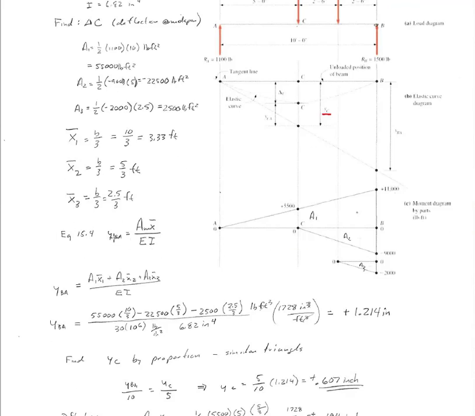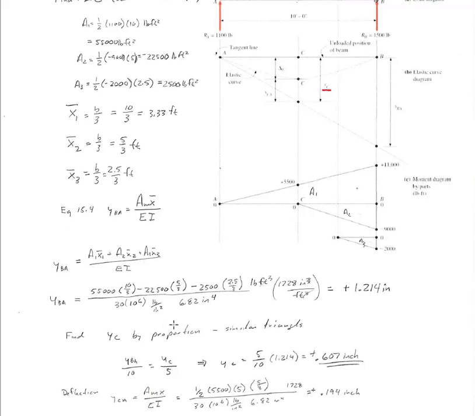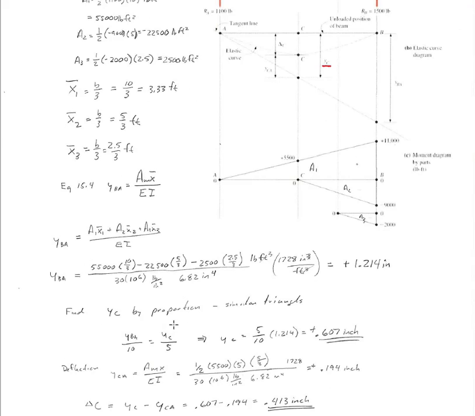So therefore, YBA is A sub M times X bar over EI. I do that equation, and then what I get is this 1.241 deflection, YBA.